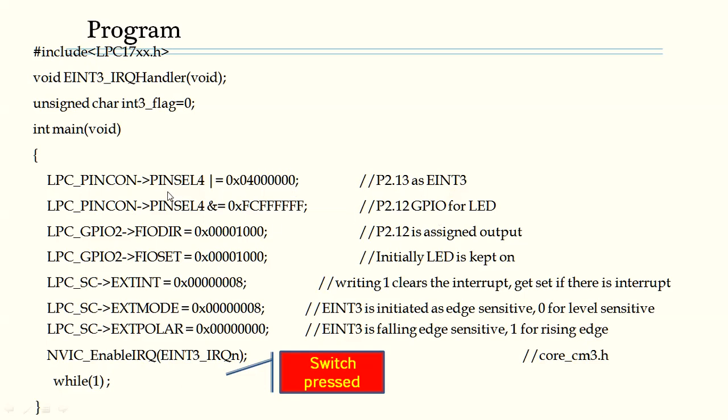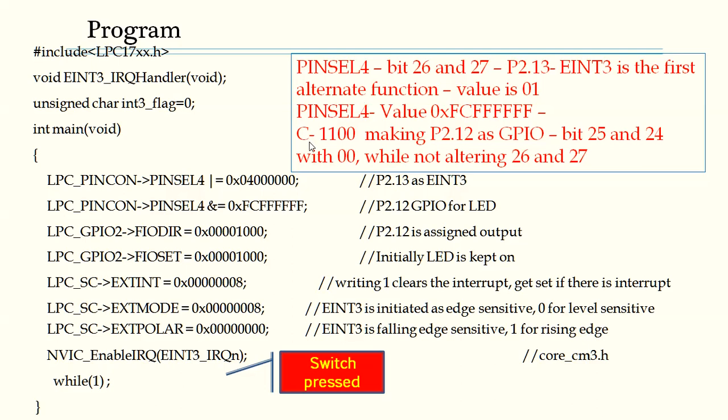Fine. So what is written into PINSEL4? What is this value corresponding to? 0, 1, 0, 0. The PINSEL4 register is a 32-bit register which has got 2 bits associated with each of P2.0 to P2.15. So when we write this 4, it implies bits 26 and 27 are associated with P2.13.